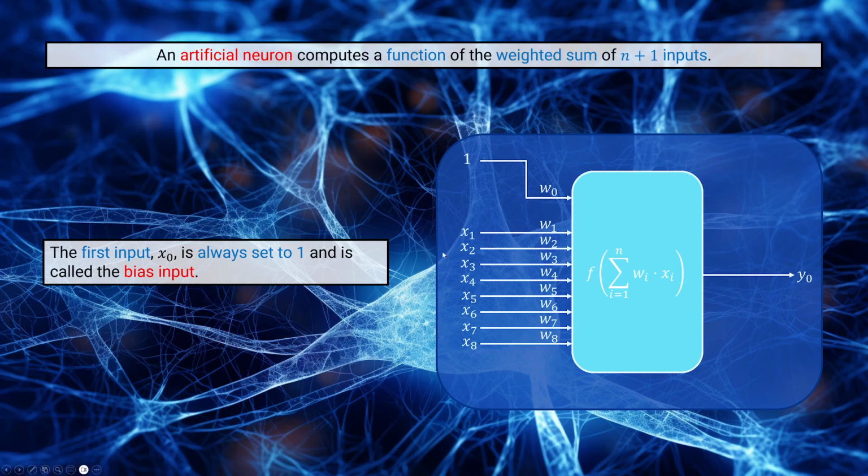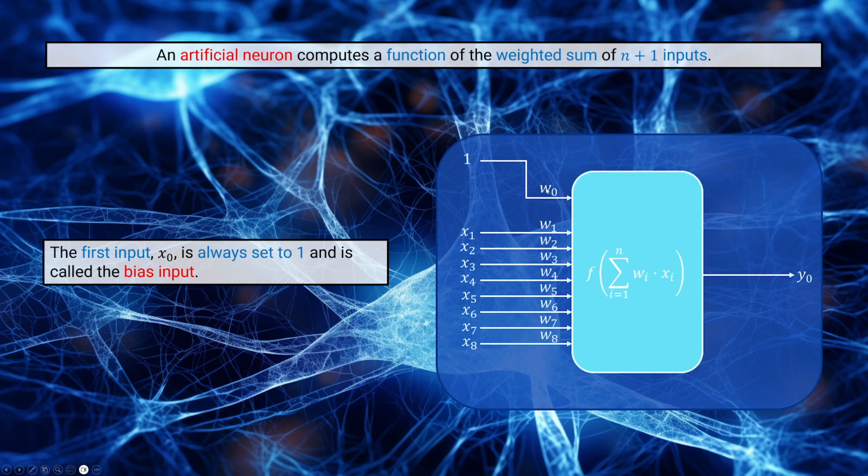So if we imagine they're all zeros, so you're getting no input coming in, even when you multiply zeros by a weight, they're still zeros, so it's all zeros, but maybe we still want our neuron to be able to fire off a message in that case. Well, we set one input that is always set to 1. And we have a weight assigned to it as well, and this is our bias input.